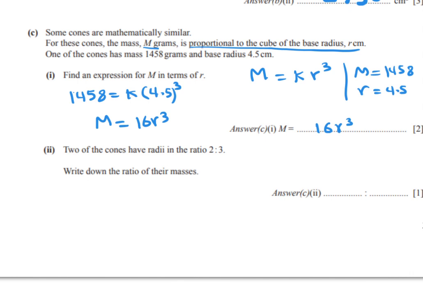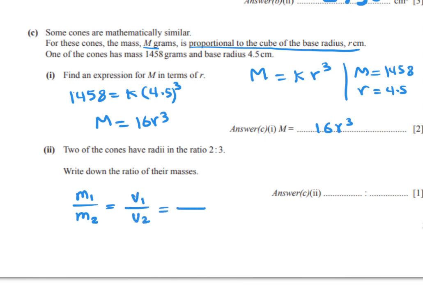Two of the cones have radii in the ratio 2 to 3. Write down the ratio between their masses. This is also related to similarity. If we have two similar solids, the ratio between their masses M1 to M2 is like the ratio between volumes V1 to V2.